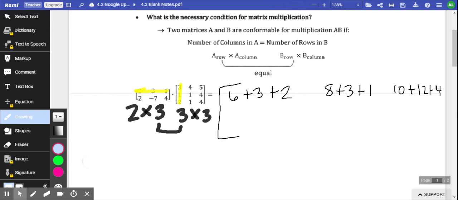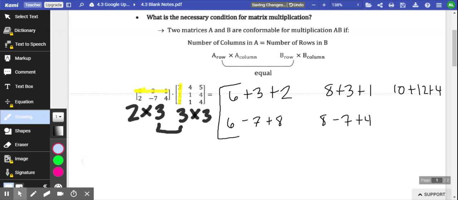So for the first column, we have 2 times 3 is 6, -7 times 1 is -7, and then we have 4 times 2 is 8. Now we're going to take the second column. So 2 times 4 is 8, -7 times 1 is -7, and 4 times 1 is 4.